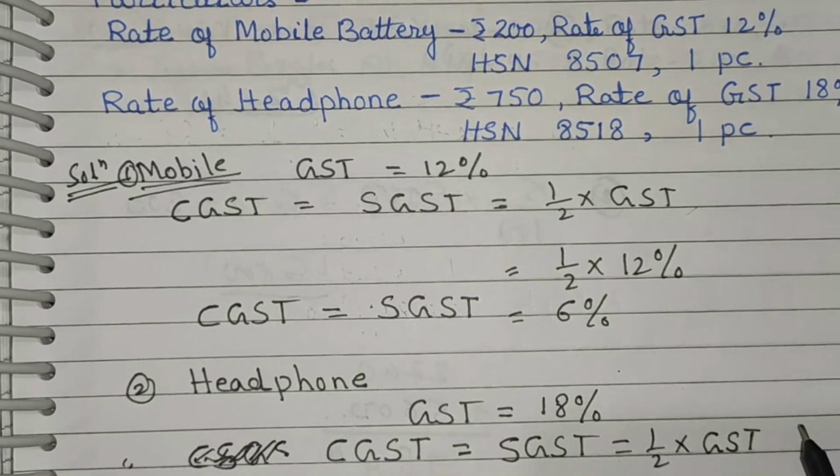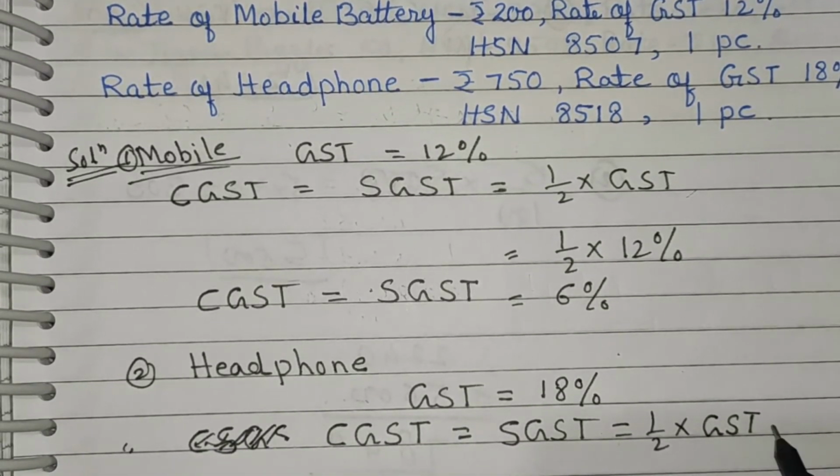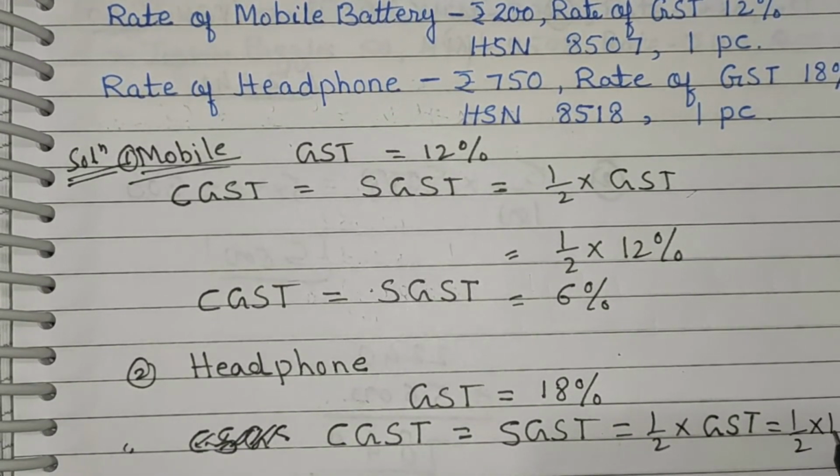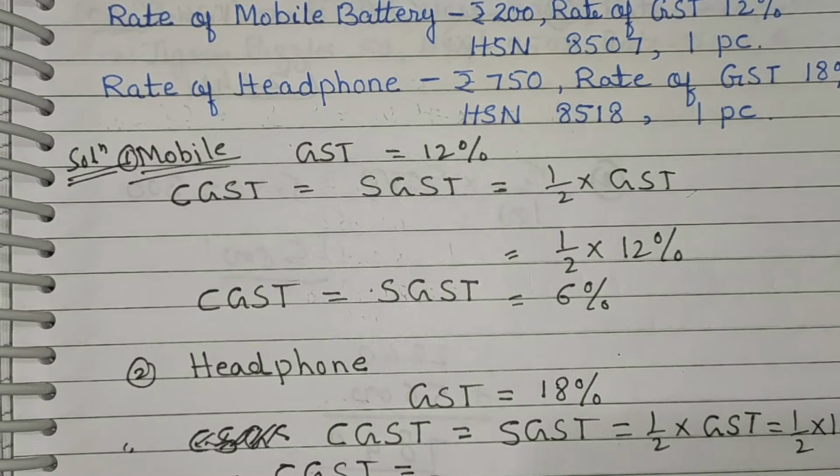Now the GST is 18%. 2 9s are 18. Therefore rate of CGST is equal to rate of SGST is equal to 9%.